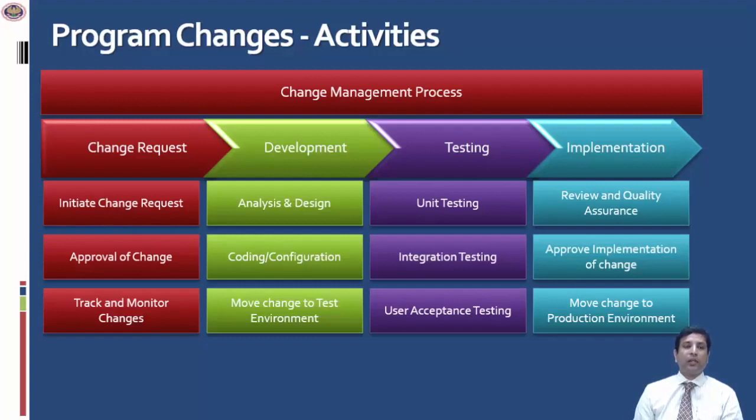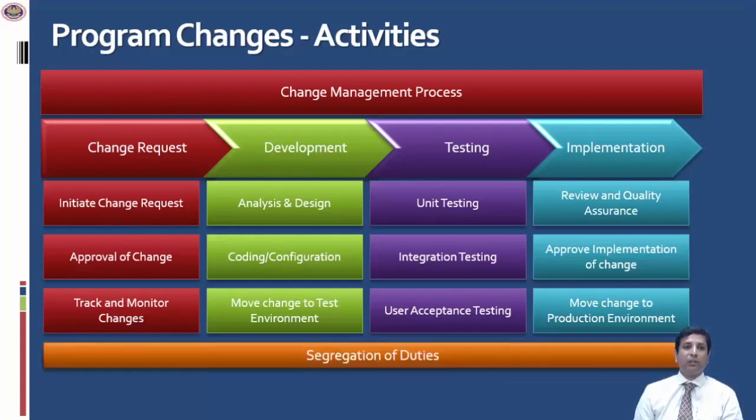During this process, it is very critical and essential to ensure that there is adequate segregation of duties for the people who are involved in the change management process. Typically, the person who is initiating or requesting the change should not also be the developer. And the person who is testing should not be performing the migration to production.